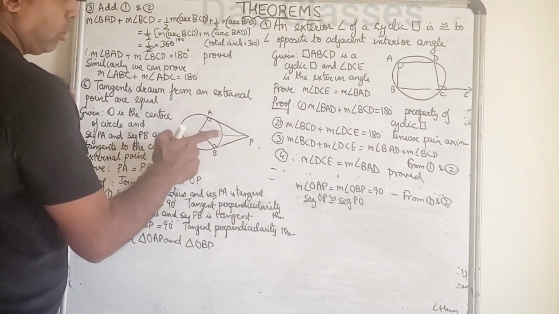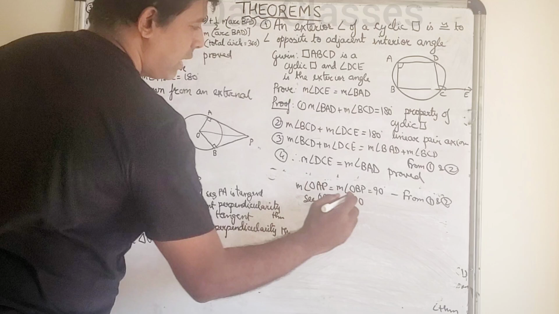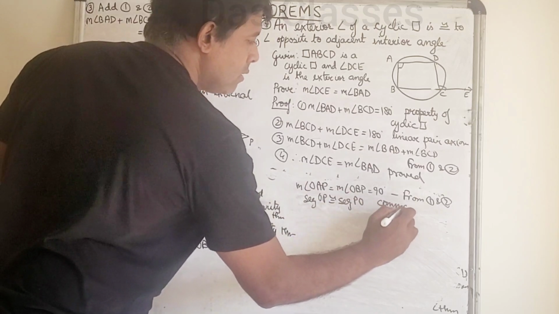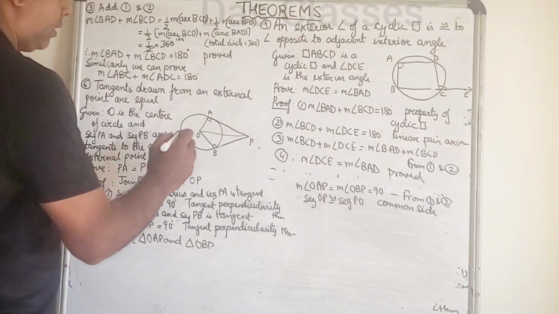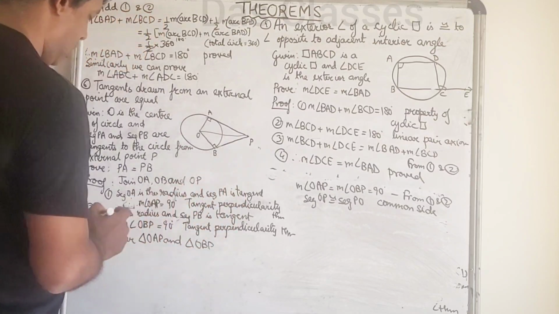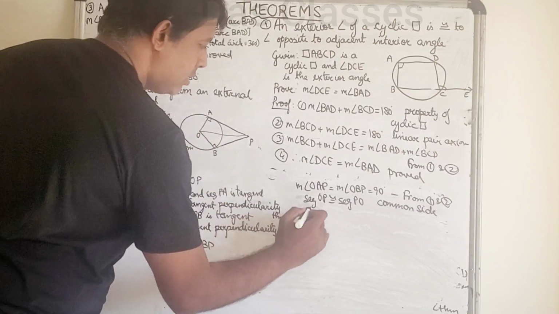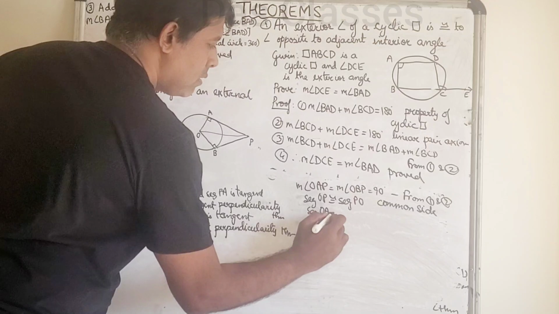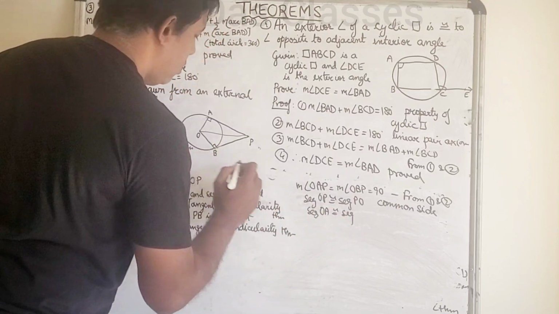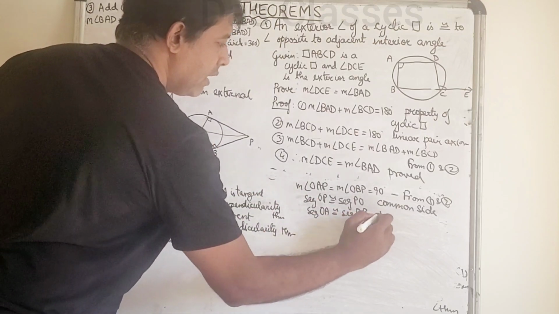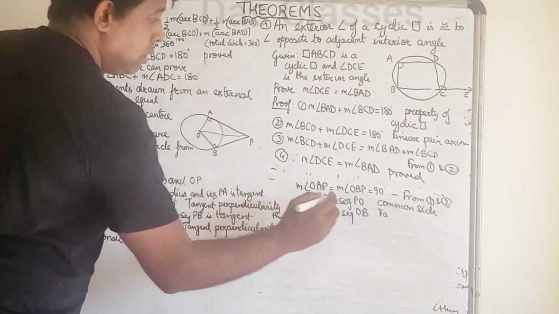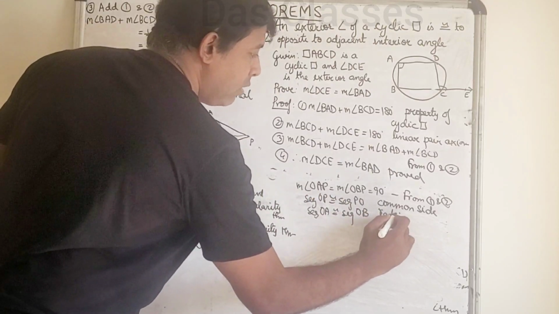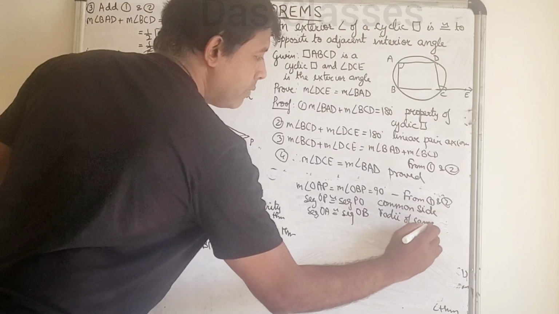Common side, this triangle also has this side and this triangle also have this side. Common side. And segment OA is congruent to segment OB, radii of same circle. Both are radius of the same circle, so they should be equal.